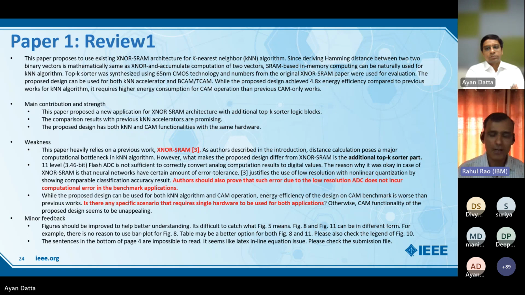The paper heavily relies on a previous work. So that essentially means that the novelty is low. That's what the reviewer is trying to say without explicitly saying that it's very low in novelty or does not include novelty. Explicitly saying it's heavily reliant on something else, and we've got to make sure that the assumptions of that paper are valid. Right?